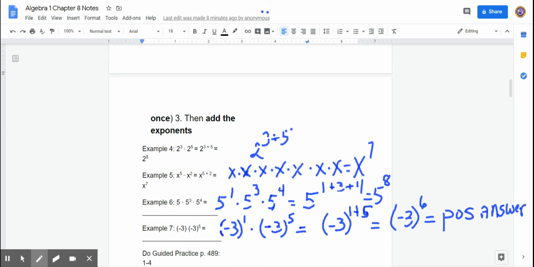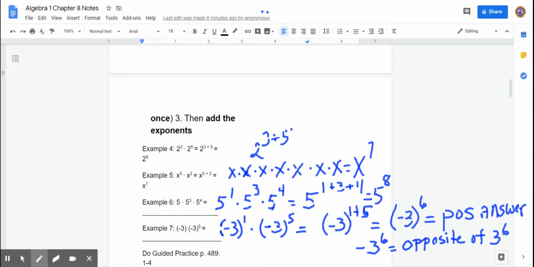I want to show you the difference here. If you had -3 to the 6th power, this means the opposite of 3 to the 6th power. That's how you would read that.